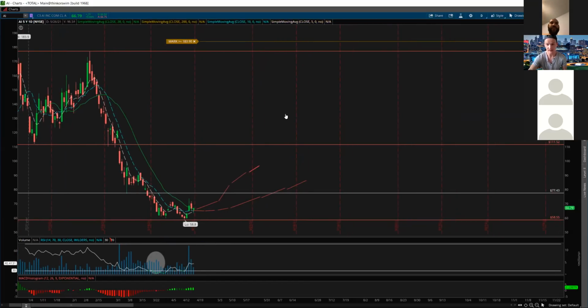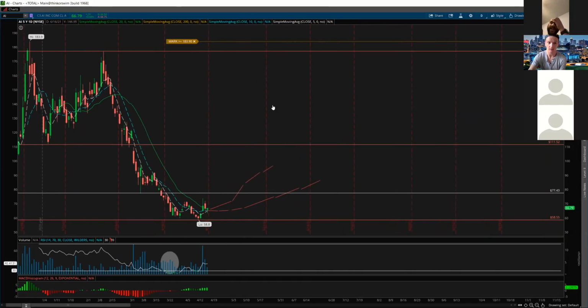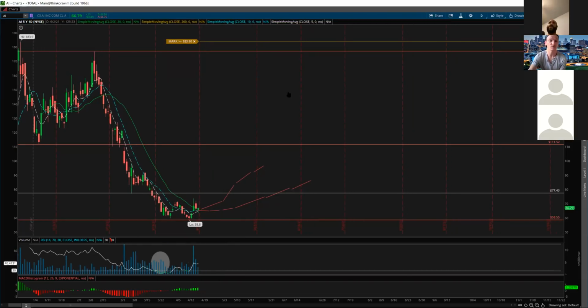Honestly, I've had a lot of stocks that do reach this level, but I personally do not like getting completely out of a trade. I just don't. But there are some times where it calls for it. I would much rather keep some skin in the game and keep that trade going, because then I familiarize myself with how it trades.